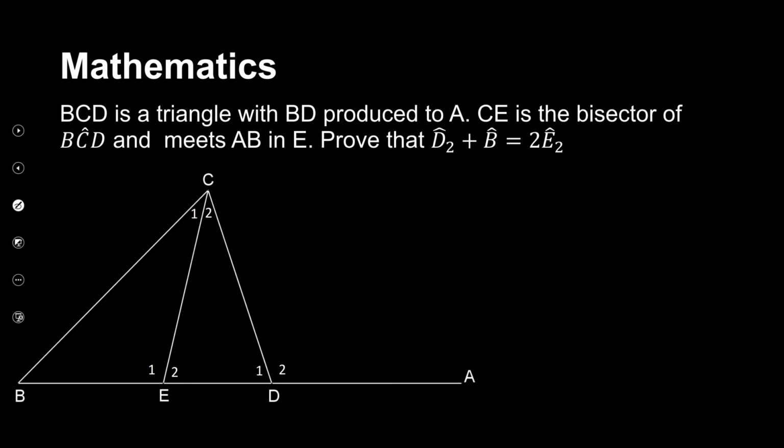They say BCD is a triangle, so now I know this is a triangle that I'm going to focus on, with BD produced. This simply means extended, so the line is extended.